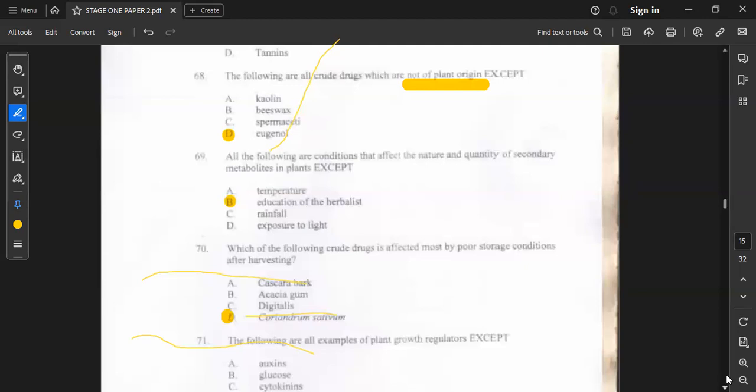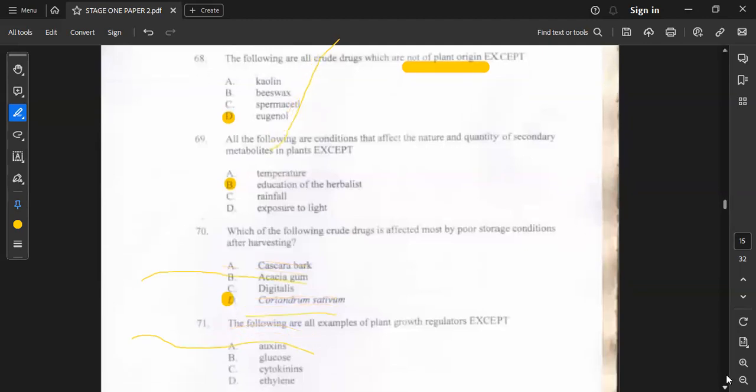From Google, they're saying it's cascara bark. Cascara bark is likely to be affected most by poor storage conditions because cascara bark contains compounds with laxative properties such as anthraquinone glycosides. These compounds are susceptible to degradation when exposed to factors like heat, humidity, and light.